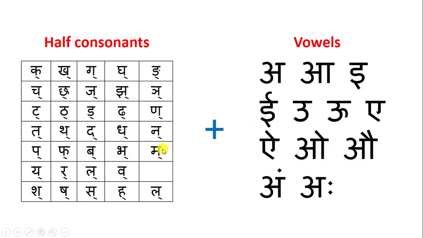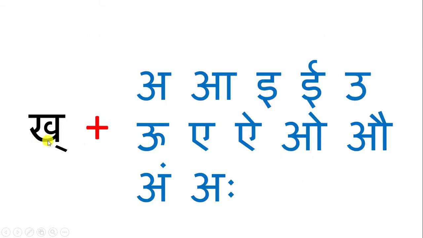In the previous video, we saw the Barah Kadi of K. In this video, we will learn the Barah Kadi of Kh. In other words, we'll see what happens when this half consonant joins with all these vowels.